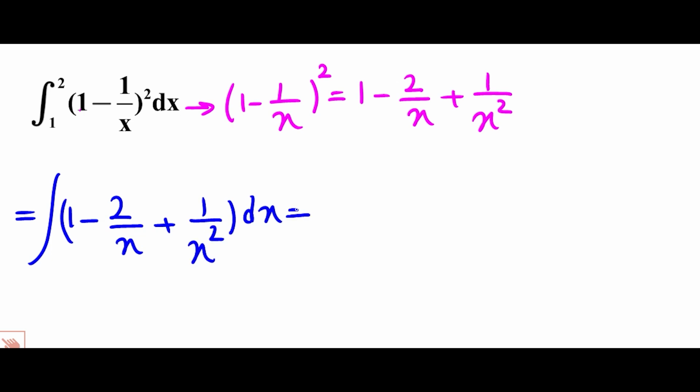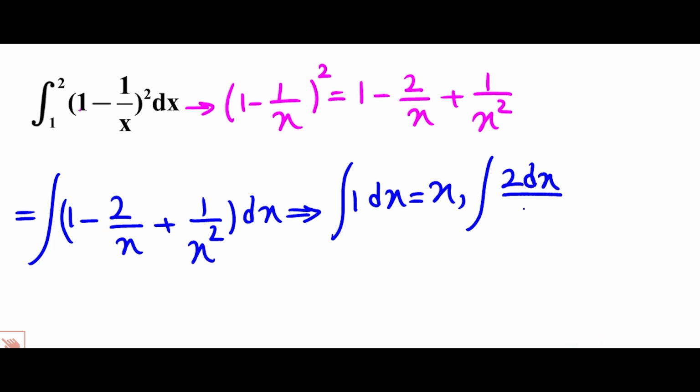So the integral becomes the integral of 1 minus 2 over x plus 1 over x squared dx. So we have, as you know, the integral of 1 dx is x, and the integral of 2 dx over x equals 2 ln of the absolute value of x, right?